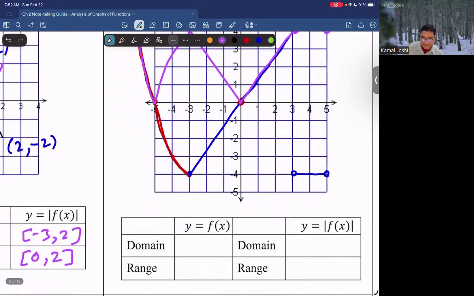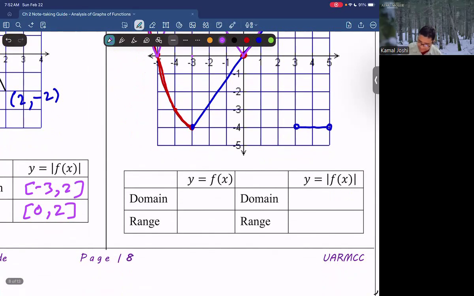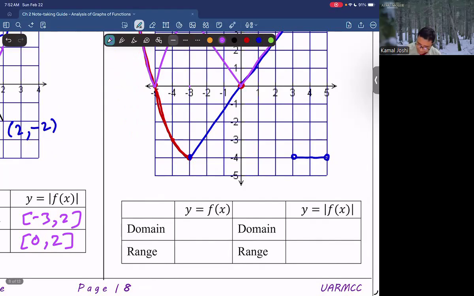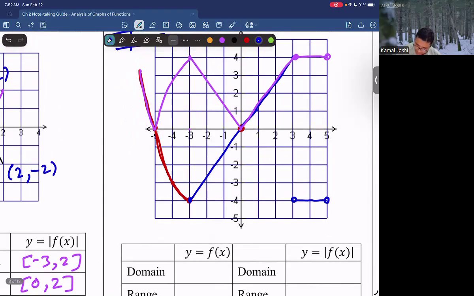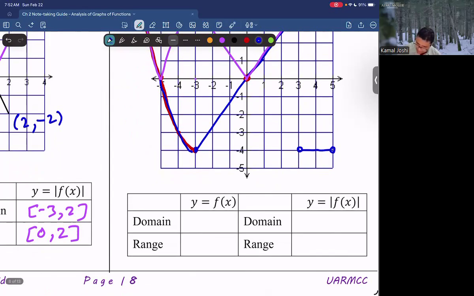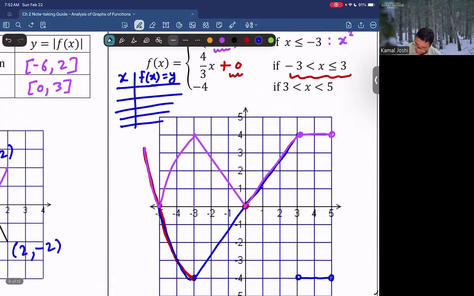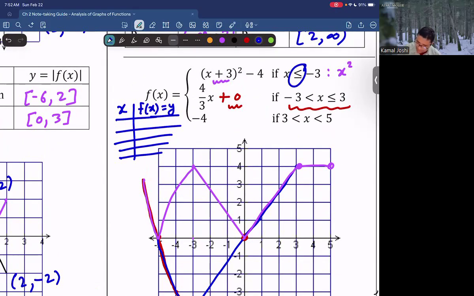All right, let's write the domain and range. In the original, now let me use the same color. The blue one here is the original graph. Okay, you can see you go from here, including -3, not including 5.